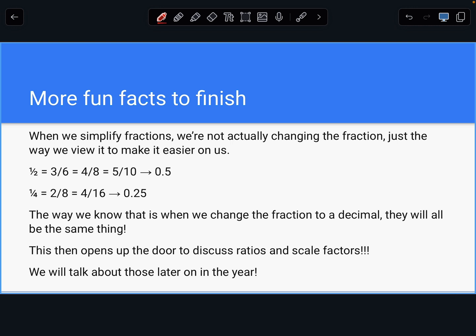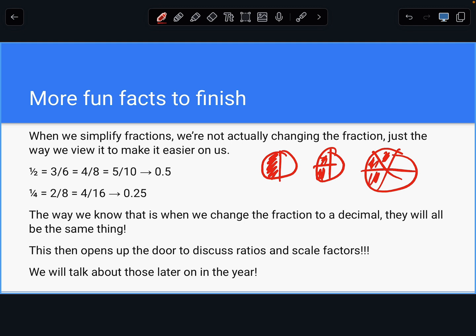So again, a quick and easy example: think about the way we think of fractions with a pizza or a pie. If we have half, that's half. If we have a pizza cut into fourths, 2/4 is still half. If we were to cut this into sixths, 3/6 is still half of the pizza.